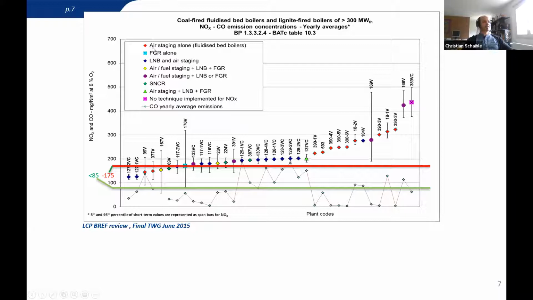You will see there are different techniques being used, and this is for NOx. This is only primary measures for NOx control, so low NOx burners, flue gas recirculation, etc. And there is only one secondary DeNOx, SNCR, selective non-catalytic reduction, but there's no single SCR candidate in this.